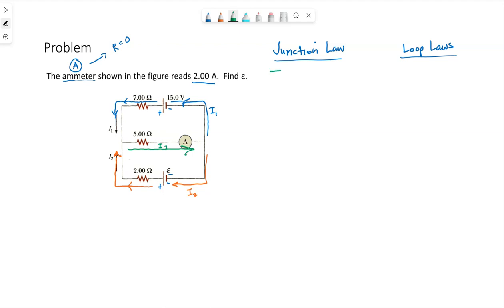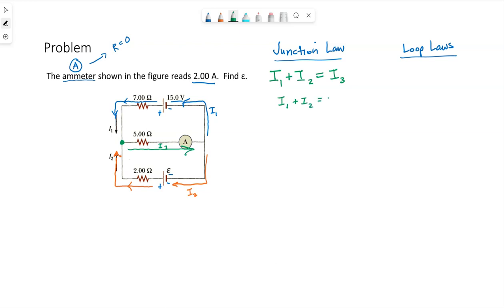So our junction law equation, we have I1 and I2 already drawn for us in the picture. They're both drawn pointing towards this junction right here. So those would represent the currents coming in. They must add up to equal the current going out, which would be I3, which I know.